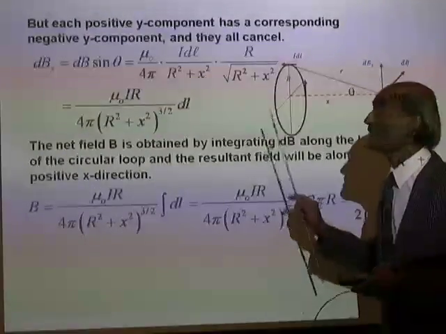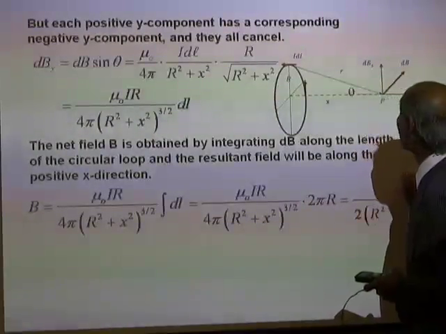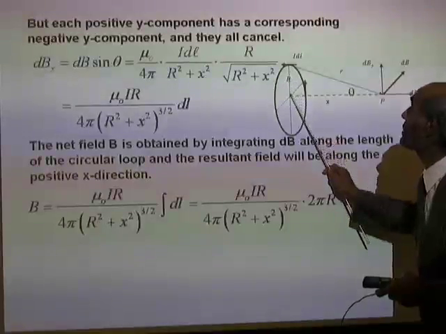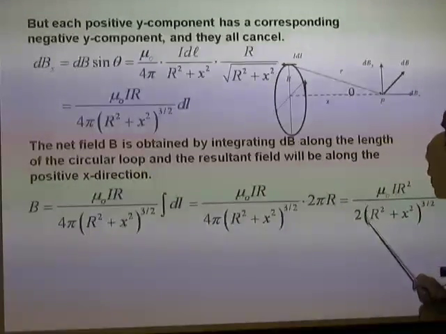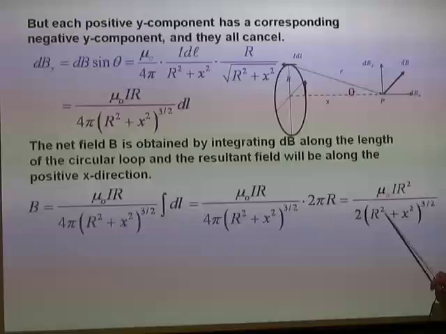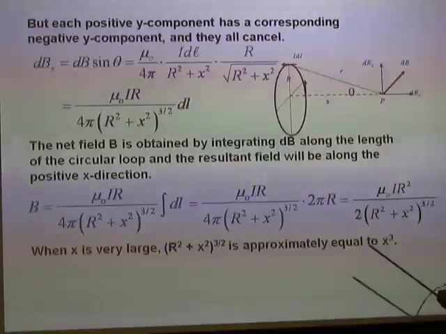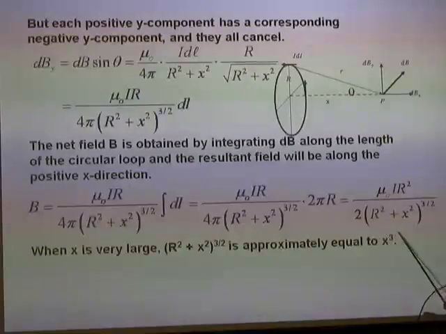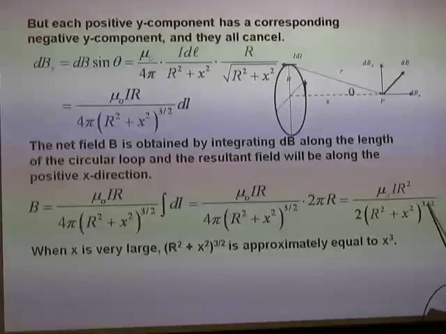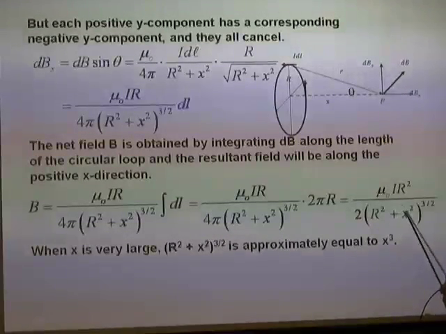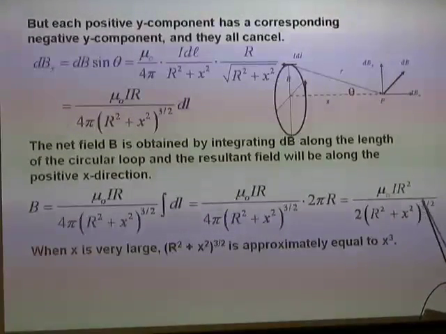Let's consider a case where this x is very large compared to this radius r. In that case, this r can be ignored, and therefore the quantity r squared plus x squared to the power of 3 over 2 will simply become x cubed. Is that right?